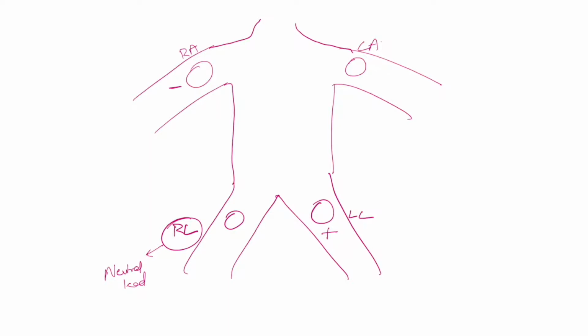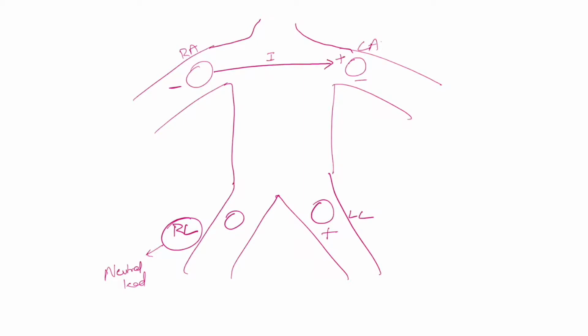Relative to the right arm, it would become positive, and relative to the left leg, it's going to become negative. If you were to connect the right arm and the left arm, you would have a direction that looks like so, and this would be lead 1.